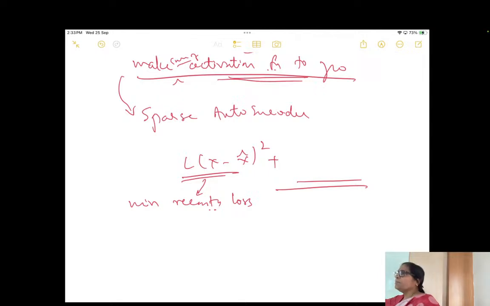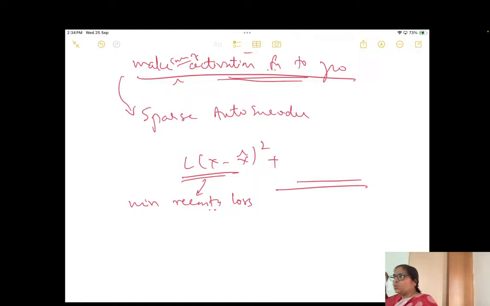How do I penalize the weights? By penalizing the weights, some weights go to 0. Regularization always penalizes. The regularizer term is sometimes also called the penalizer.